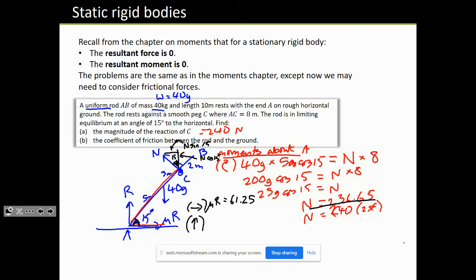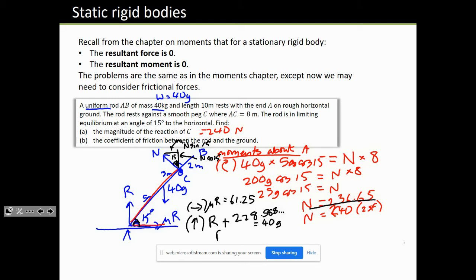And then vertically, we have R, and we also have N cos 15. I can do that on the calculator as well, pretty quickly. So 228.588 is going to equal, because we're in equilibrium, 40 g.